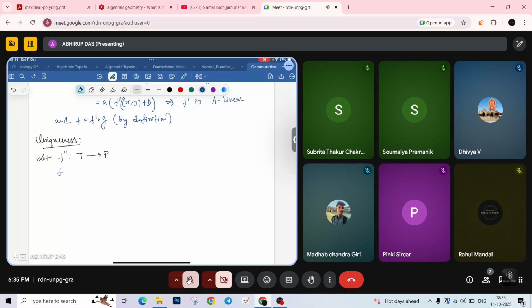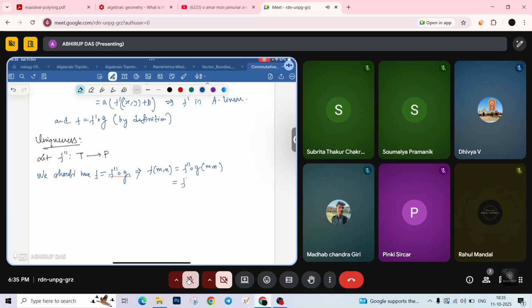So you see, if f double prime satisfies the same property, we should have f of (m, n) equal to f prime composed with g of (m, n), right?